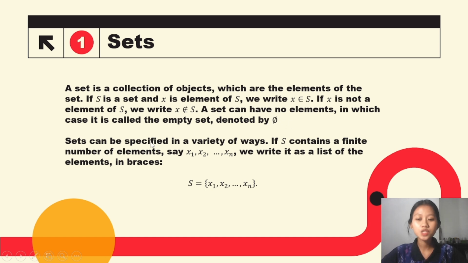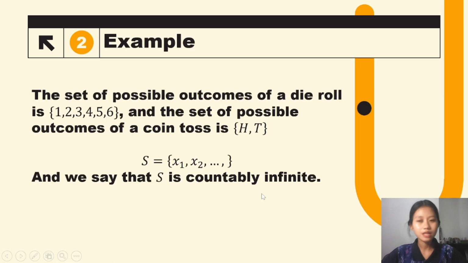Sets can be specified in a variety of ways. If a set contains a finite number of elements, say x₁, x₂, and xₙ, we write it as a list of the elements in braces. Next, the example.